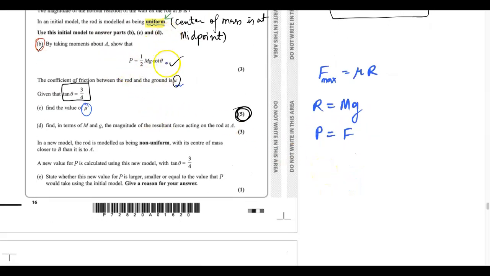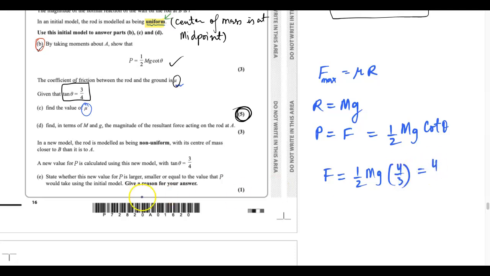What was P? P was half mg cot theta. So cot theta would be 4/3. So we can say F is half mg times 4/3. That is 2/3 of mg.